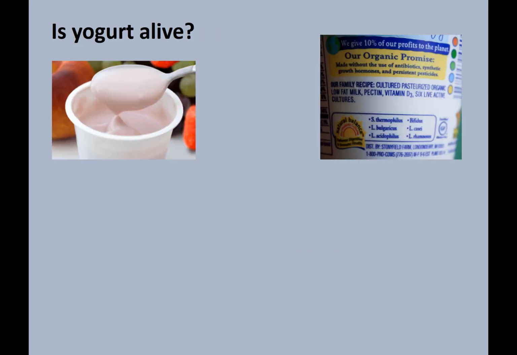For instance, is yogurt alive? Yogurt with active cultures has bacteria. And bacteria are cells. Right?